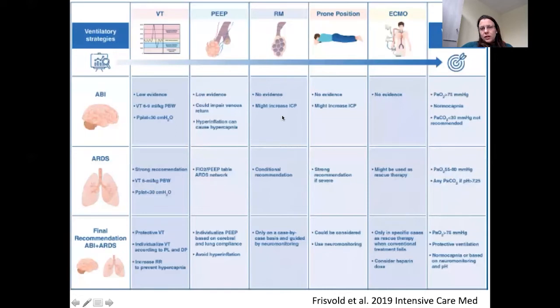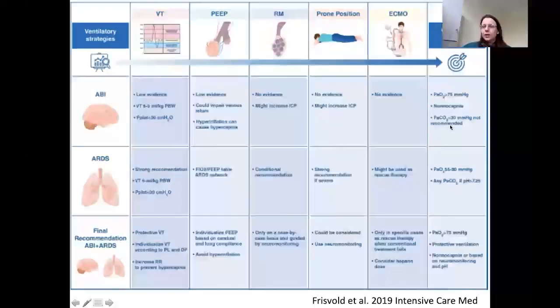And in fact, when we are in front of both acute brain injury and lung injury, we are really in trouble, because we don't have any recommendation, we don't have any real randomized controlled trial, we don't have any evidence. And if you look at the targets and the different recommendations for different rescue therapies and ventilatory strategies, sometimes the recommendations for the brain are exactly the opposite of those for the lungs.